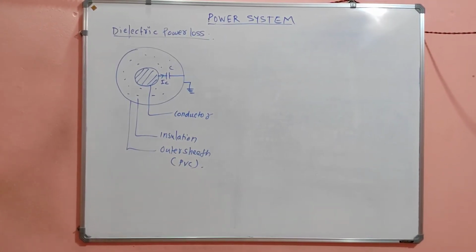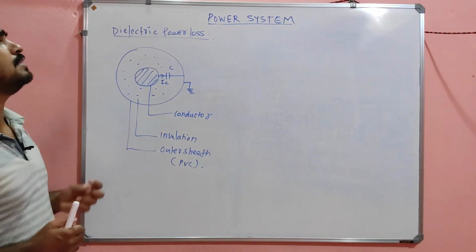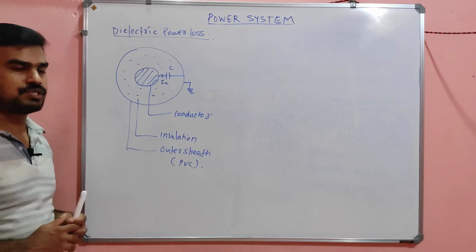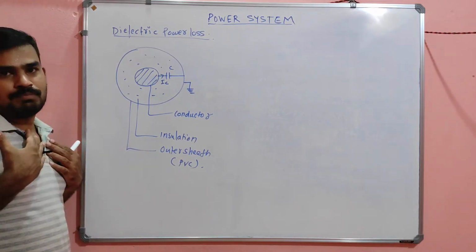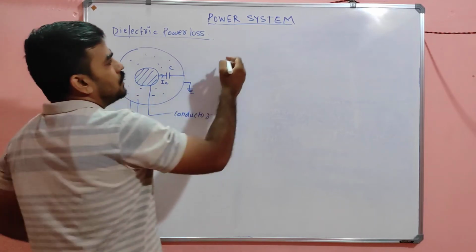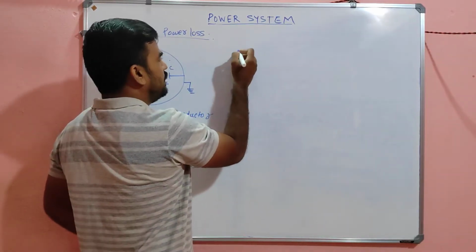Okay, so what is meant by this dielectric power loss? There is actually a very long derivation, but from the examination point of view, we don't want that derivation. We just need to know the equation for the dielectric power loss per phase.